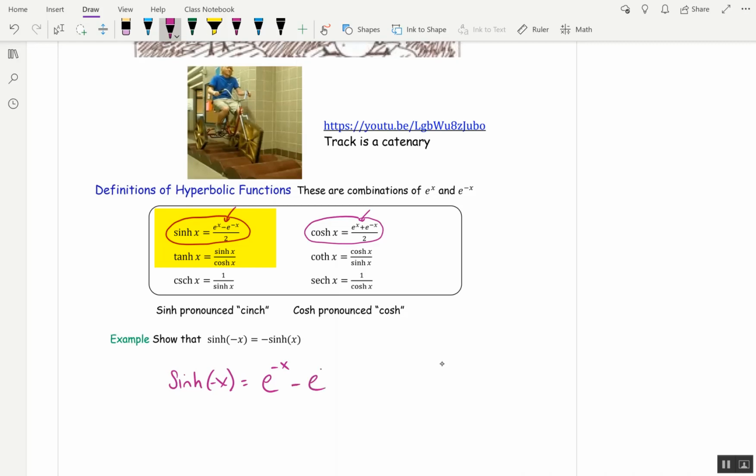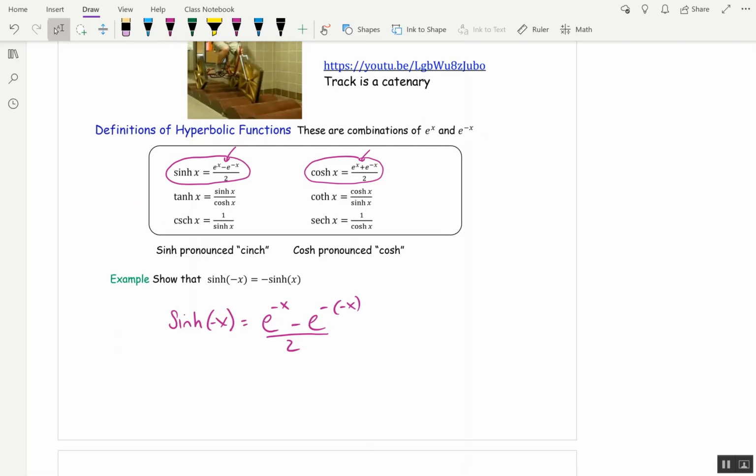So minus e to the negative x over 2. Okay, well that's e to the negative x minus e to the x over 2, which is, if I pull a minus out, that's e to the x minus e to the negative x over 2, and that is negative sinh of x.